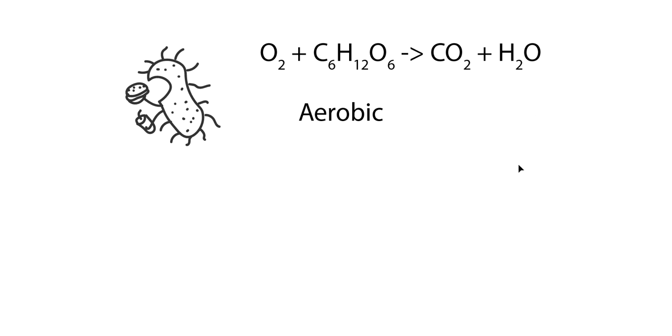Now, it's interesting, there are some bacteria that do not need oxygen to break down their food. These bacteria are called anaerobic. So if they don't need oxygen to break down their food, it's anaerobic. Many bacteria require oxygen, so they can only exist in an oxygen environment like the rest of us. But there are bacteria that don't require oxygen to create energy. They can live in oxygen deprived, low, or completely missing environments.